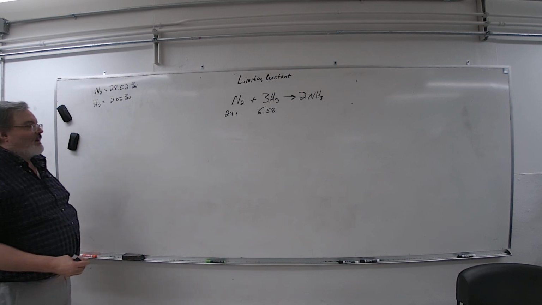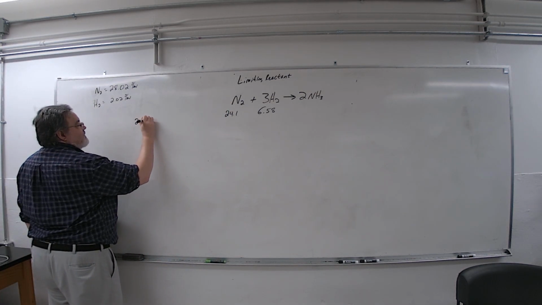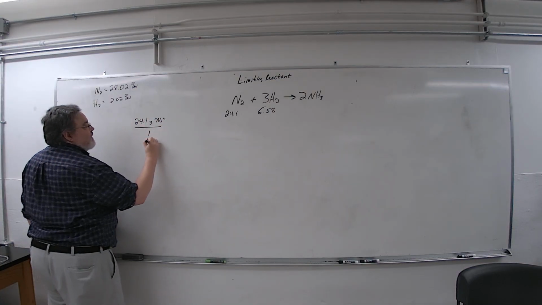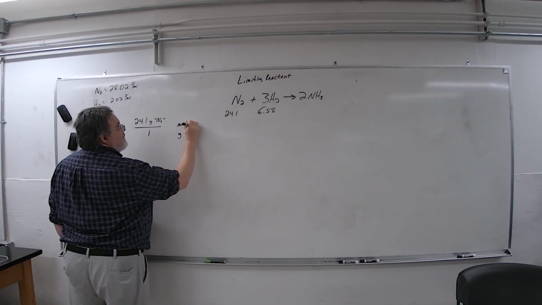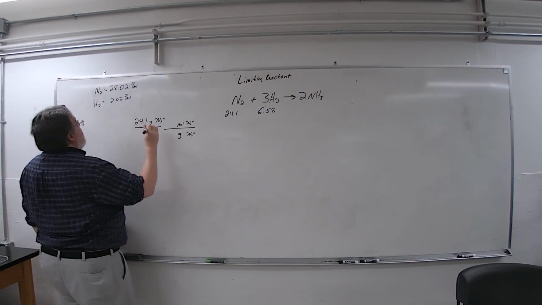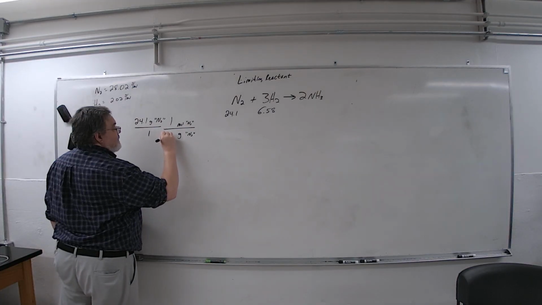Pick one. I usually just pick the first one. 24.1 grams of N2, for grams per mole for N2, one mole is 28.02.